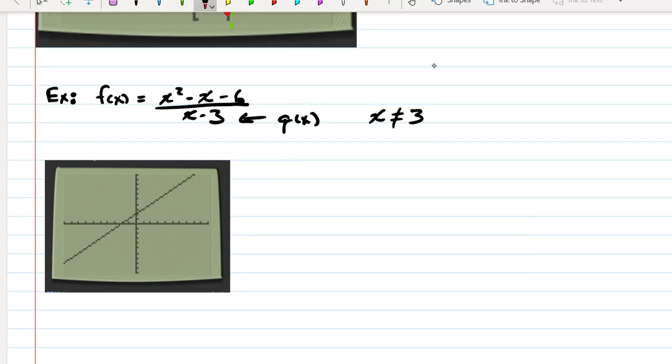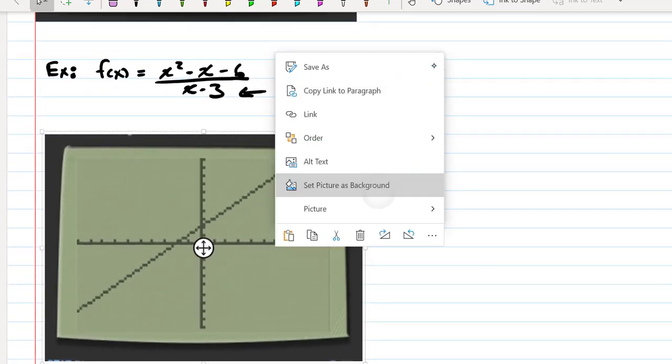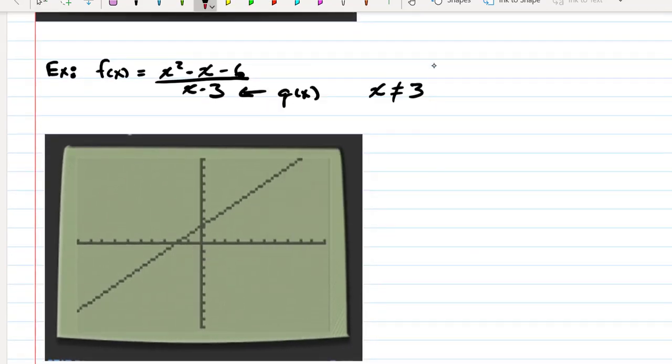No. And if I go to x equals 3 in my graph, 1, 2, 3, and I go up to the corresponding y value, it looks like 1, 2, 3, 4, 5. So my graph appears to have the point (3, 5) on it, right?